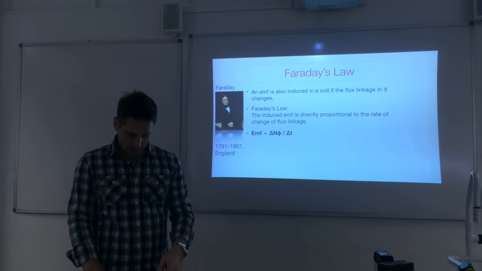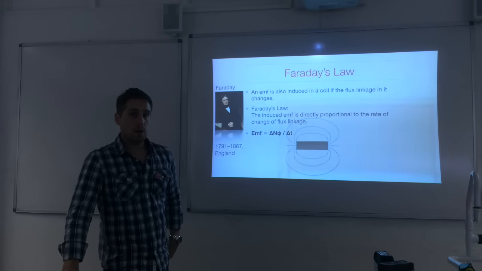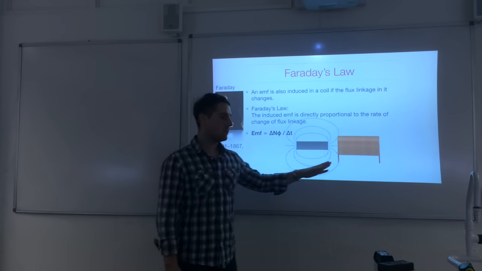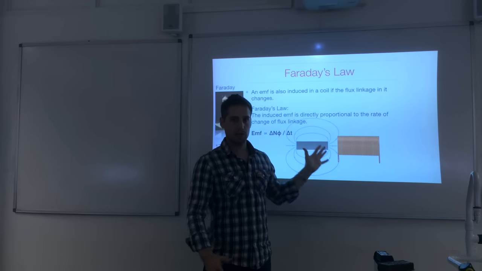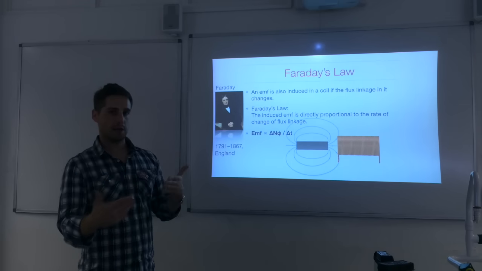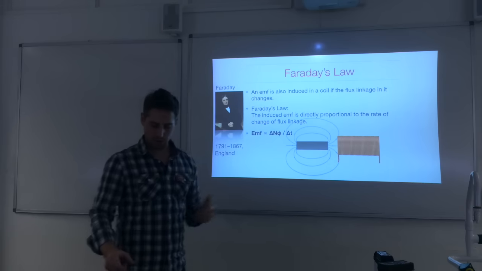Now if we take a magnet and coil, in order to induce current in the coil, or to induce an EMF in it if it's not connected to a circuit, then I need relative motion between the magnet and coil, and that's essentially what Faraday's law is telling me.